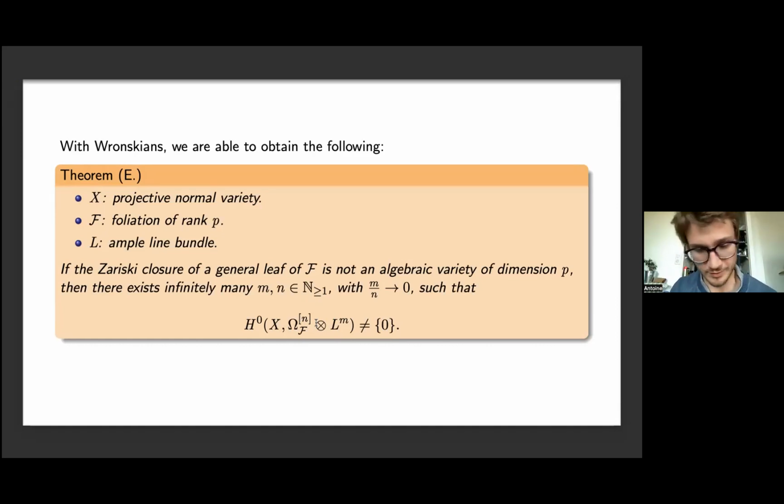And so once again, this is mainly technical to prove. I will not enter into the details, but I just hope it's clear by now how one uses Wronskians to construct a global section of some object of certain kinds, and then one has to work a bit to obtain some precise information, which depends on the geometry of the variety we are dealing with.